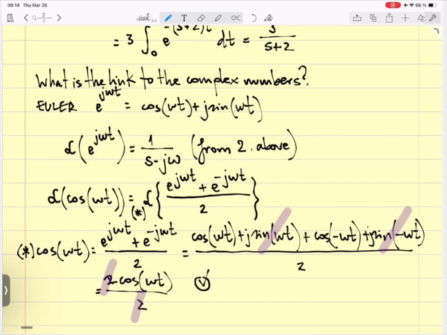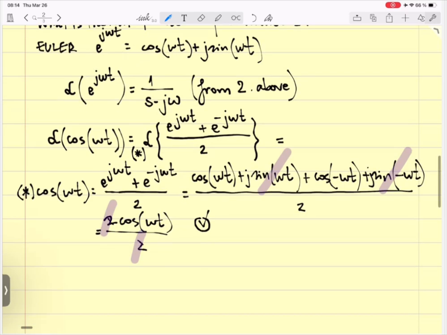Okay, so the Laplace transform of cosine is the Laplace transform of that, and that is equal to 1 divided by 2 times 1 divided by s minus j omega plus 1 divided by s plus j omega.